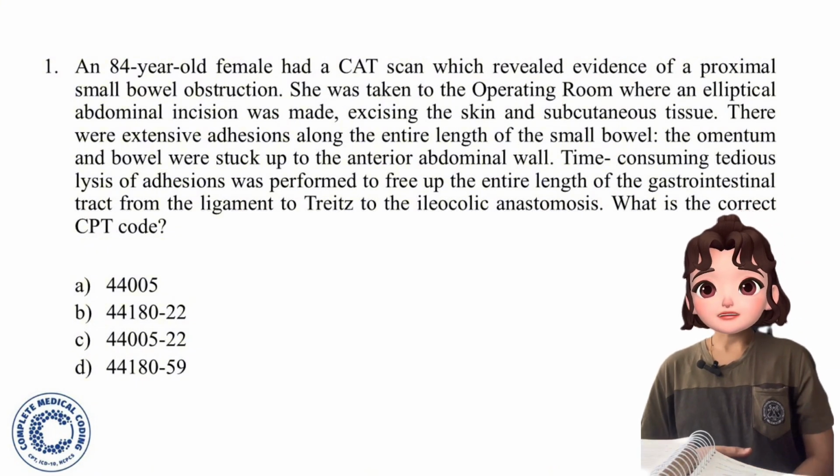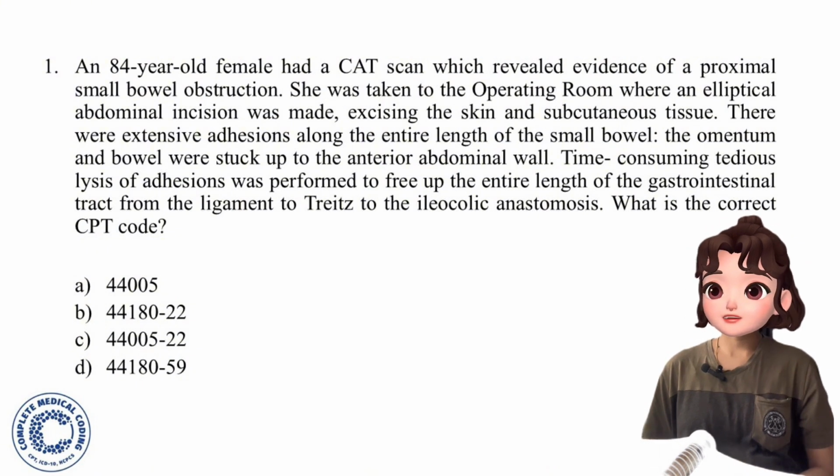So what is the procedure actually carried out here? The patient had a CAT scan because of the bowel obstruction. Then she was taken to the operating room where an elliptical abdominal incision was made through excising the skin and subcutaneous tissue.